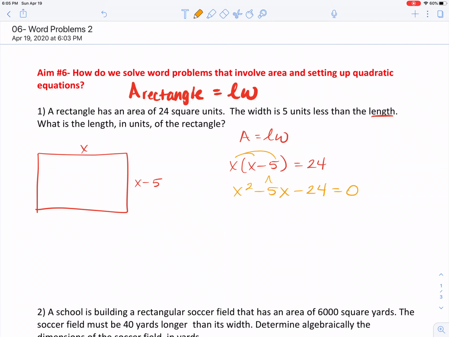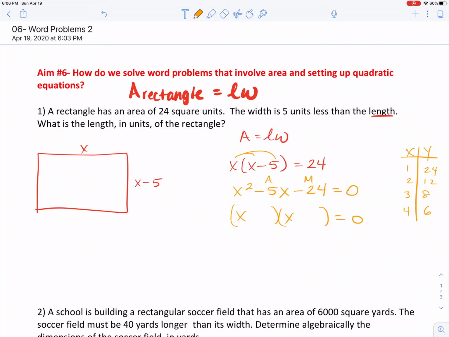Now I'm going to use add multiply to write the trinomial in factored form. So x times x for the x squared. We have to find two numbers that multiply to negative 24 and add to negative 5. So 1 times 24, 2 times 12, 3 times 8, 4 times 6.